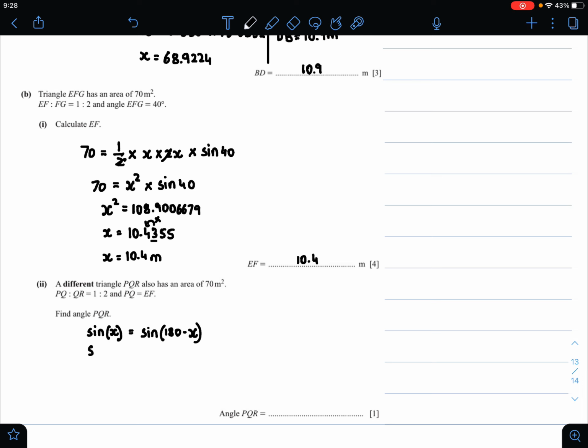So we found the previous angle, which was 40 degrees, so the new angle would be 180 minus 40 degrees. Therefore we would get sine of 140 degrees, and therefore your final answer for question B part 2 would be 140 degrees.